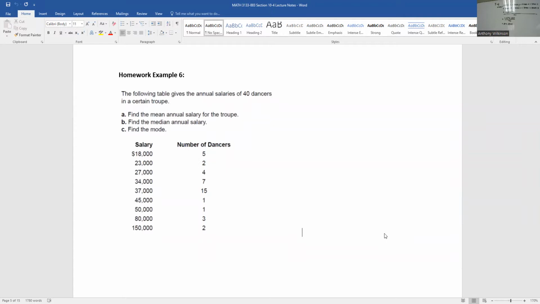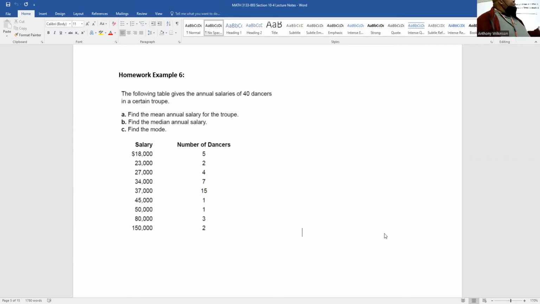Oh, it's already in order. It's already in order from least to greatest. Yeah, you'd have to write them all out, and that would be time consuming. Yeah, it's still going to be 37,000. So the median is automatically going to be 37,000.